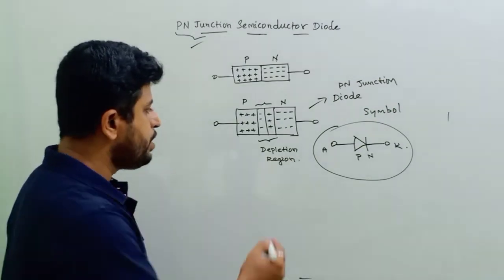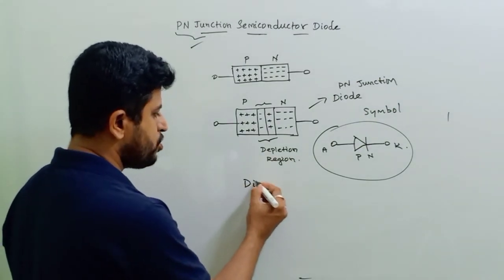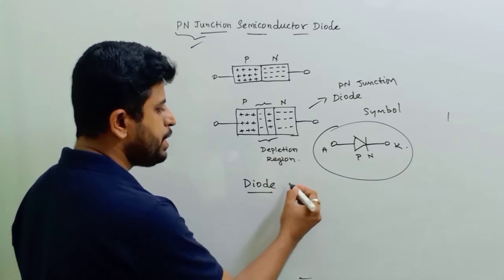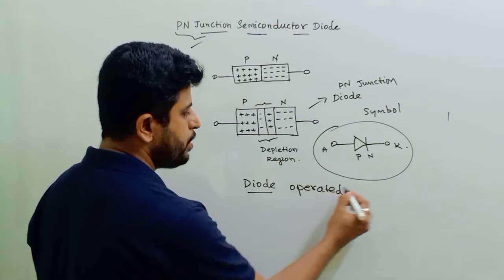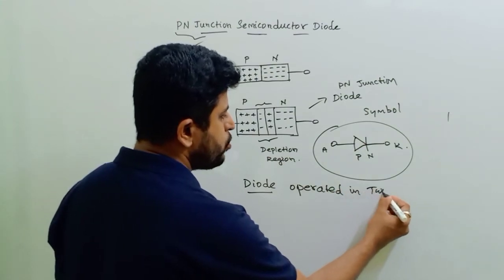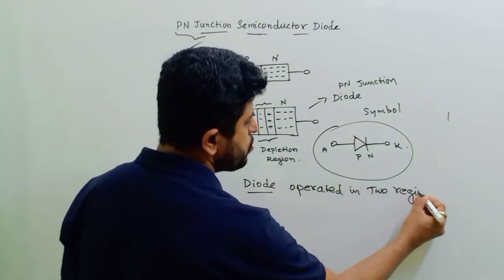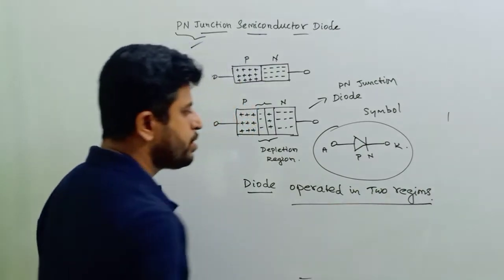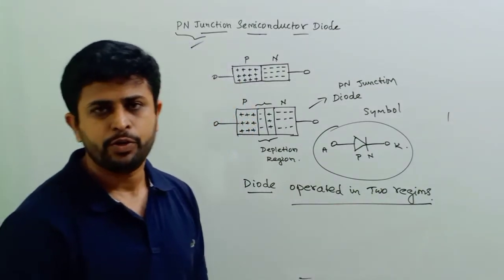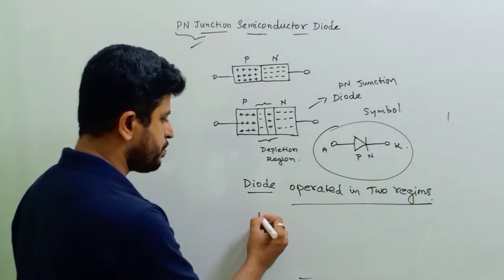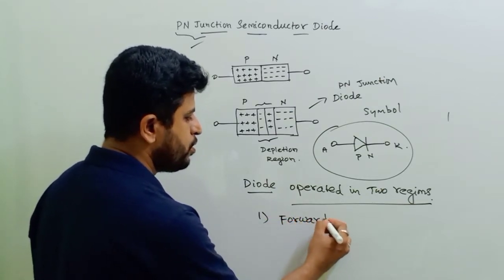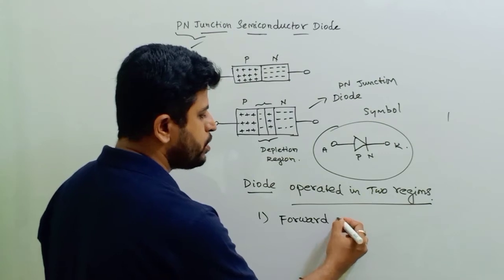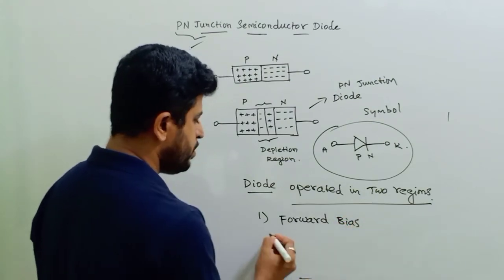Okay, so here, see this diode, it can be operated in two regions. See, diode can be operated in two regions, that is forward region, we also call this forward bias.